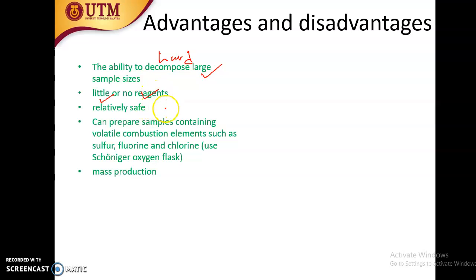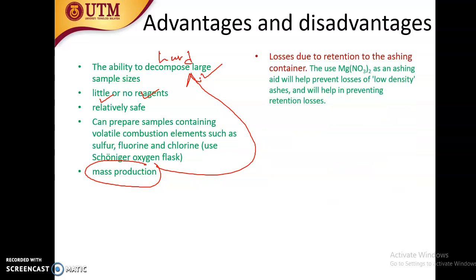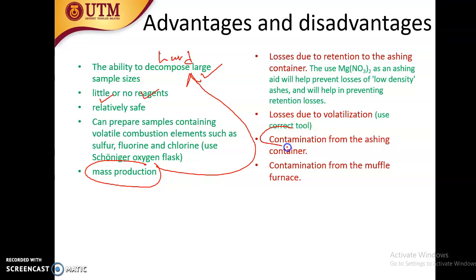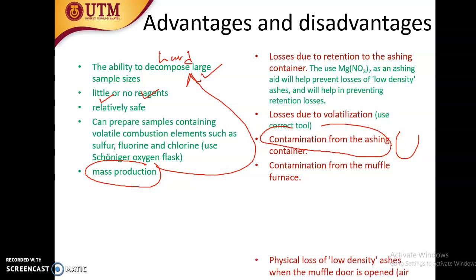It is relatively safe. But we have to take care of the contamination from the container itself, the muffle itself.